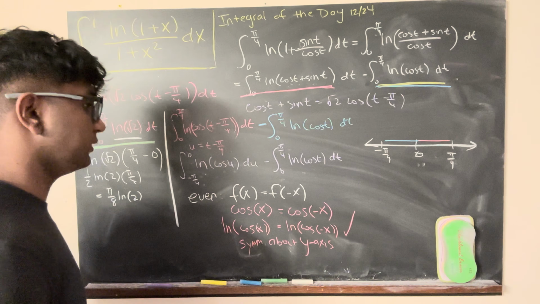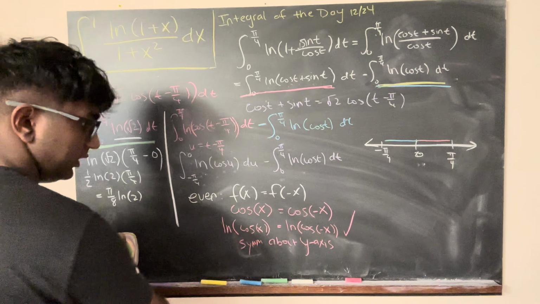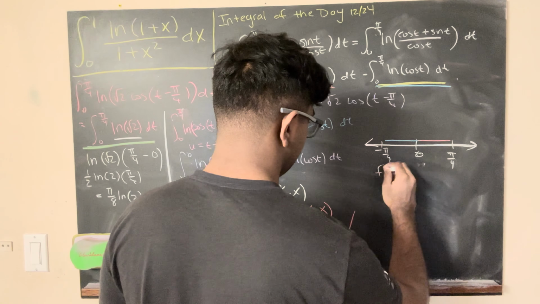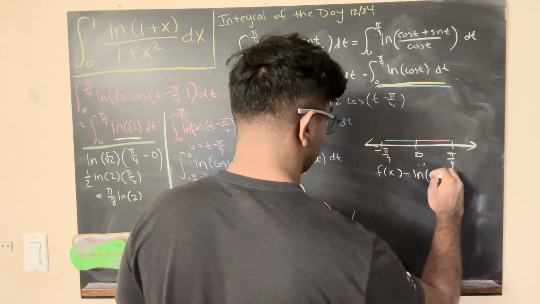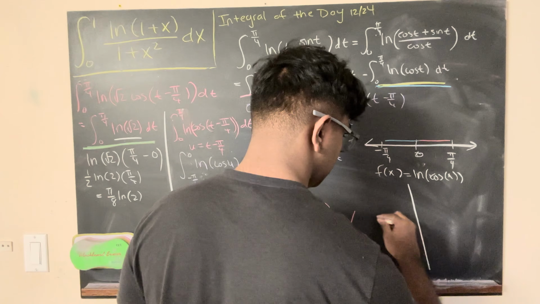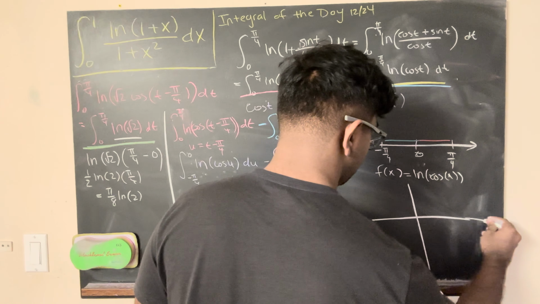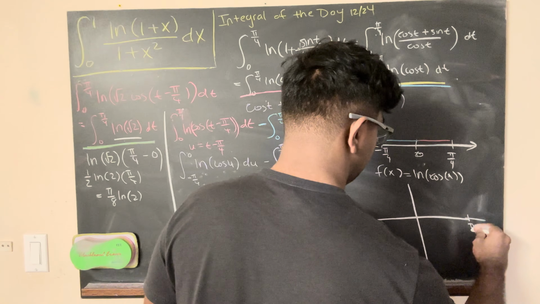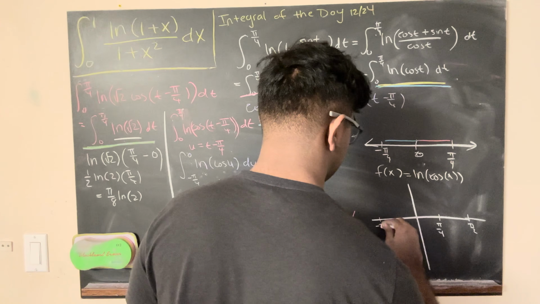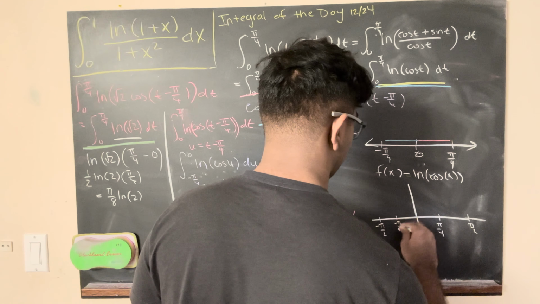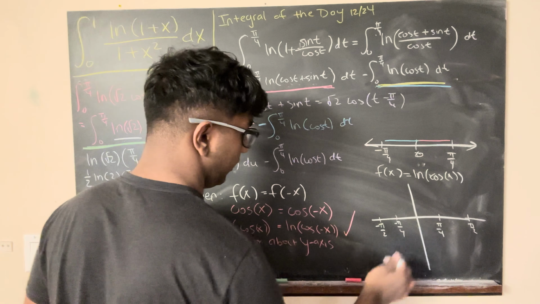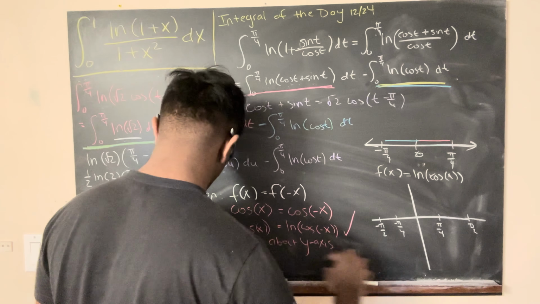And we can understand this graphically as well. So let's try graphing our function, ln of cosine x. Here's pi over 2, here's pi over 4, here's negative pi over 2, here's negative pi over 4. At 0, cosine is 1, and ln of 1 is 0.